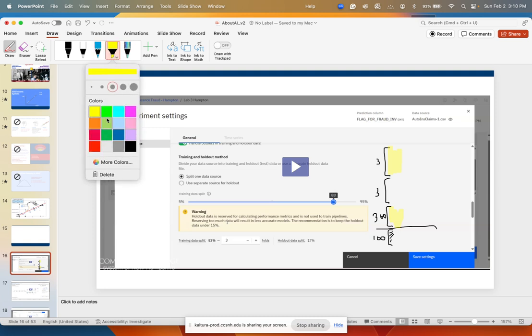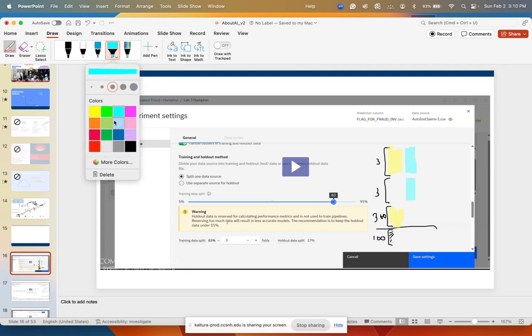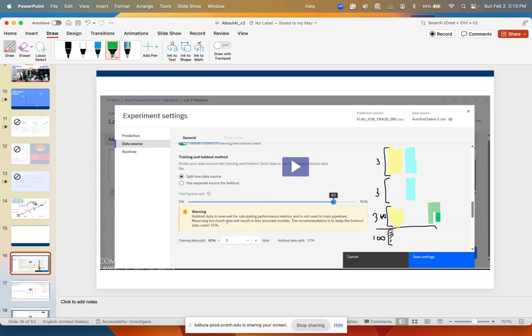Let's pick a different color here. I will study this section, find the patterns. I will study this section, find patterns, close my eyes and see how well I did here. And of course, the third fold is going to be this bottom two.